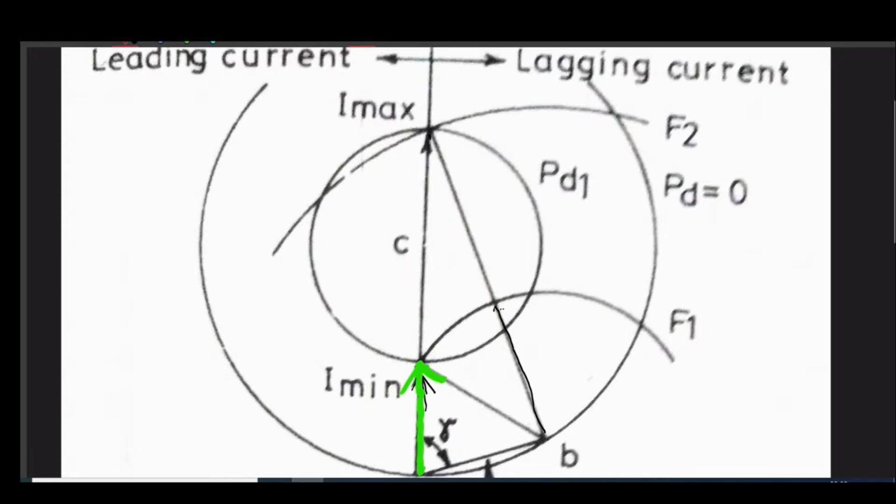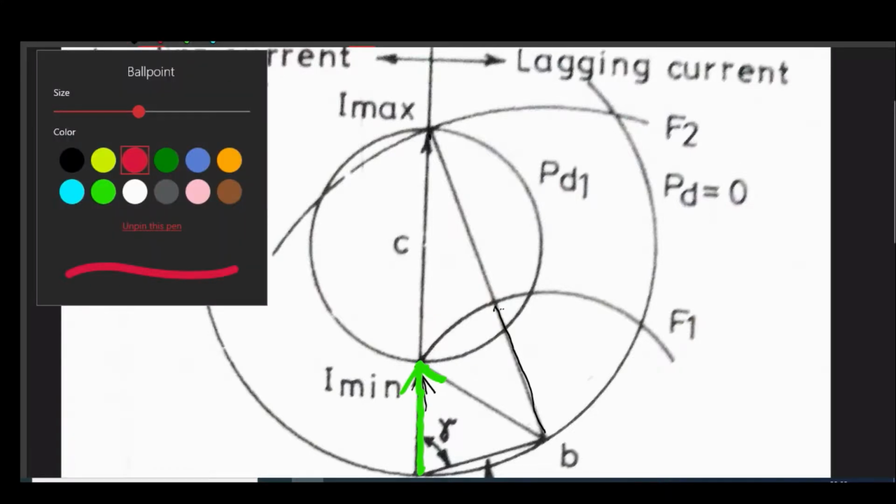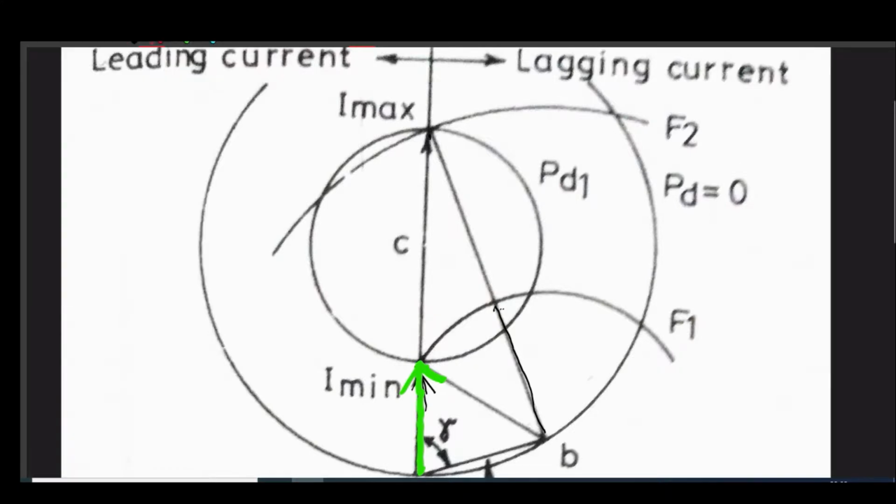Why? Let me tell you. Because we have to draw the current for this. We have to consider an angle gamma from this line. This is the line V by ZS.